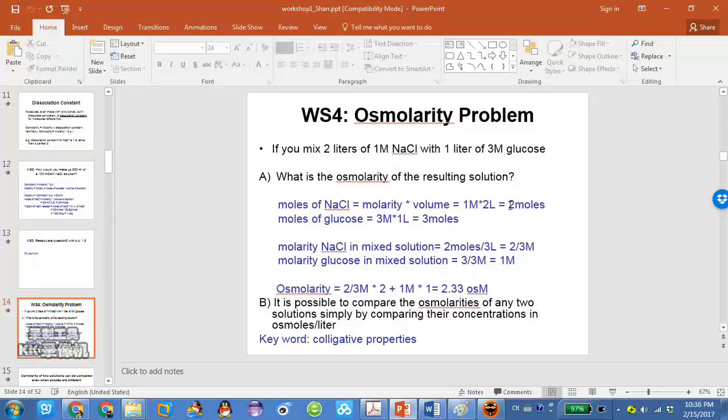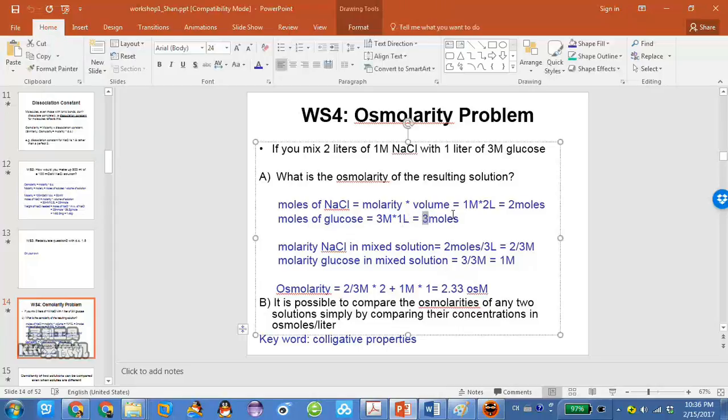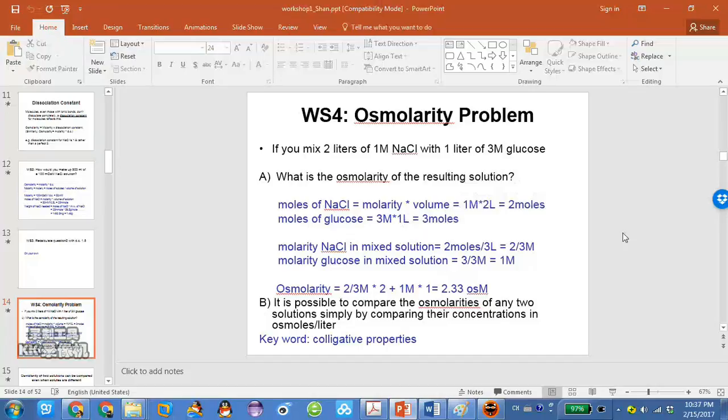So 2 moles of NaCl will show up in the new solution. Similarly, you can get the moles of glucose: 3 molar multiplied by 1 liter gives you 3 moles of glucose in the resulting solution. So now we have the moles of each component of the new solution.